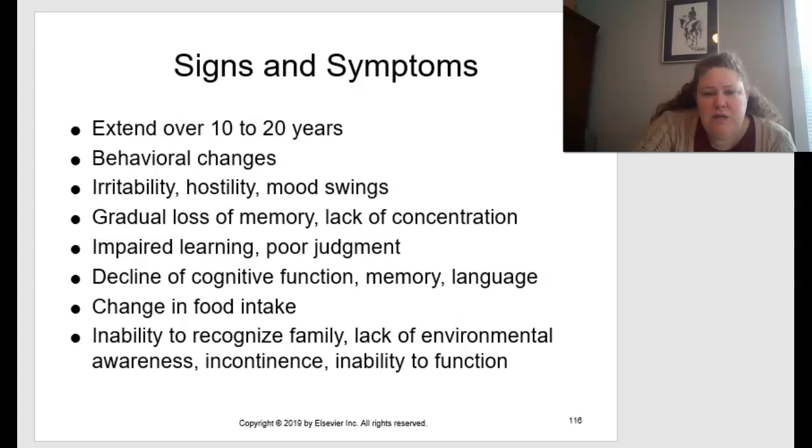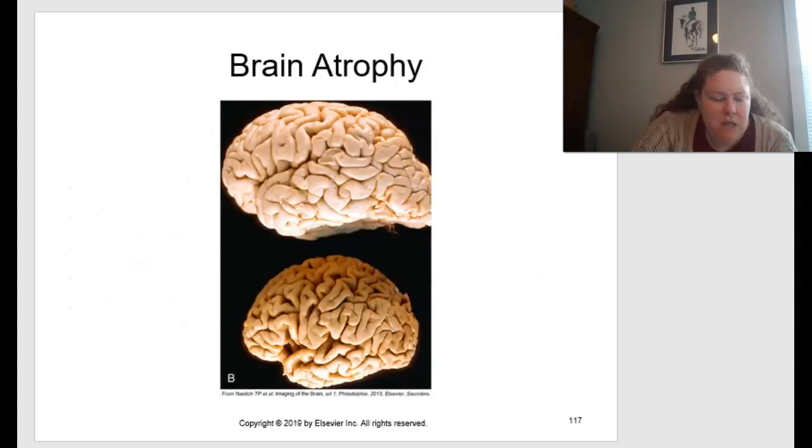It can cause gradual loss of memory, lack of concentration, impaired learning, and poor judgment. It can cause a decline of cognitive function, memory problems and language issues. It can change your intake of food, and also it can cause the inability to recognize family, lack of environmental awareness, incontinence, and inability to function.